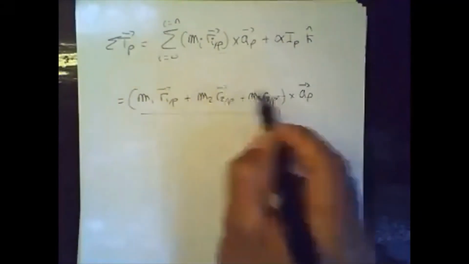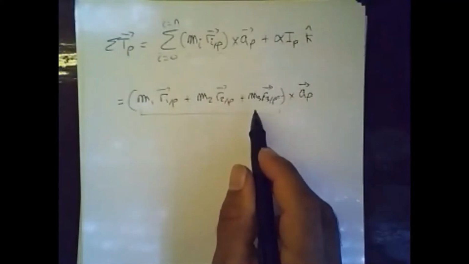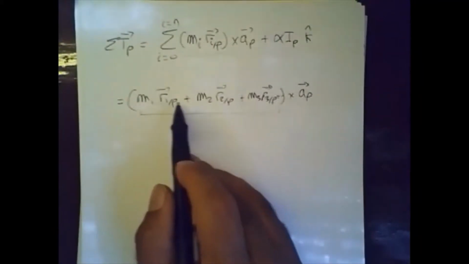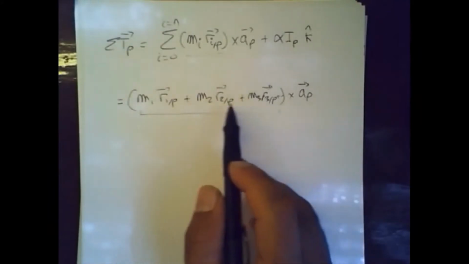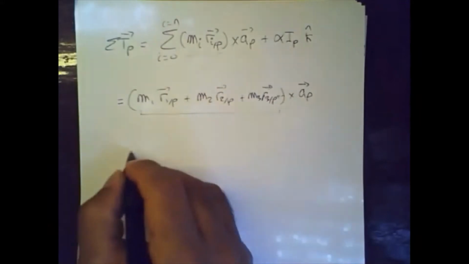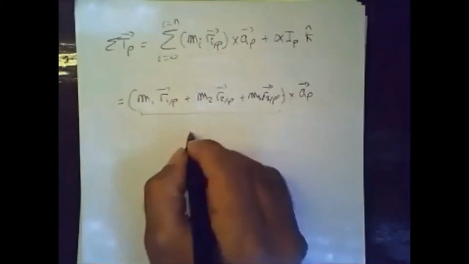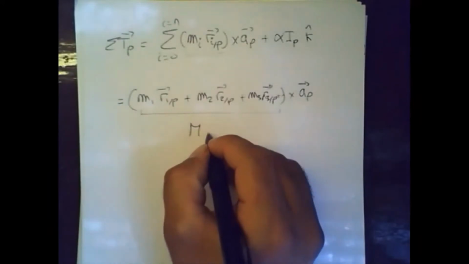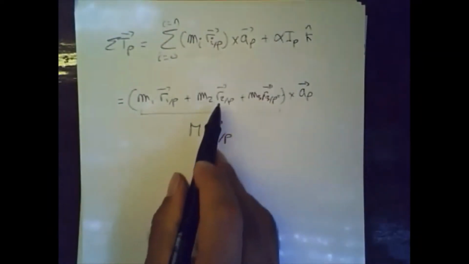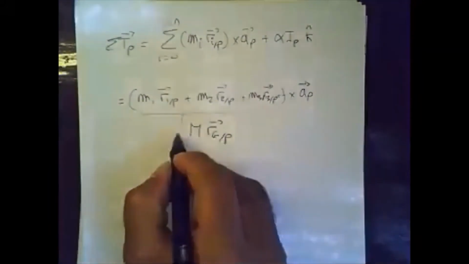Obviously these are vectors. What is that equal to? When you do m1 x1 plus m2 x2 plus m3 x3, this is like getting the center of gravity of the rigid body. And these are going to be equal to the total mass of the rigid body times r_G with respect to P. So it's like you're finding an equation of the center of gravity with respect to point P. So this whole thing is equal to that.